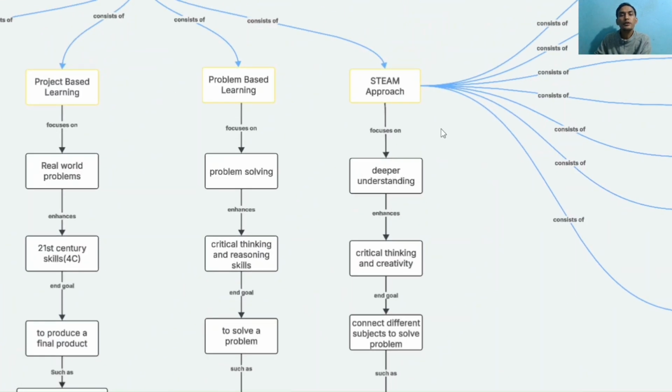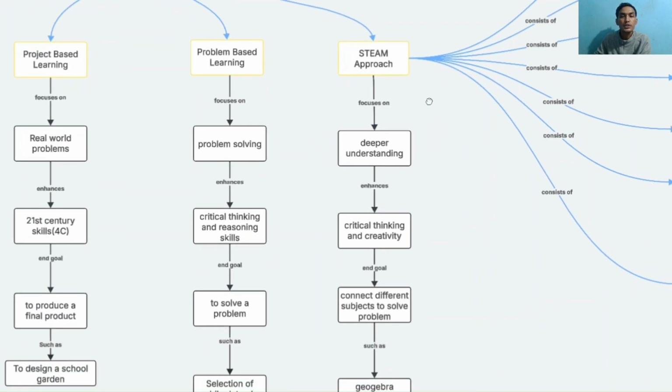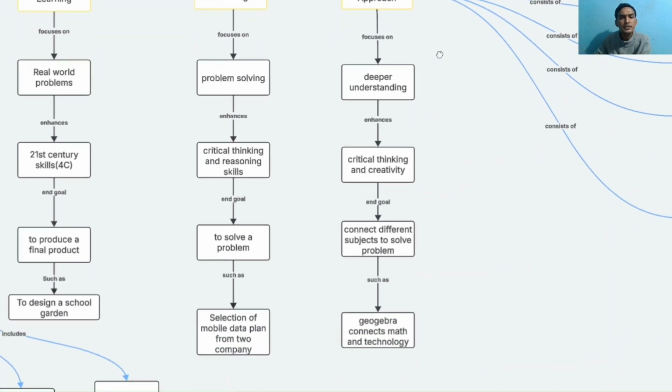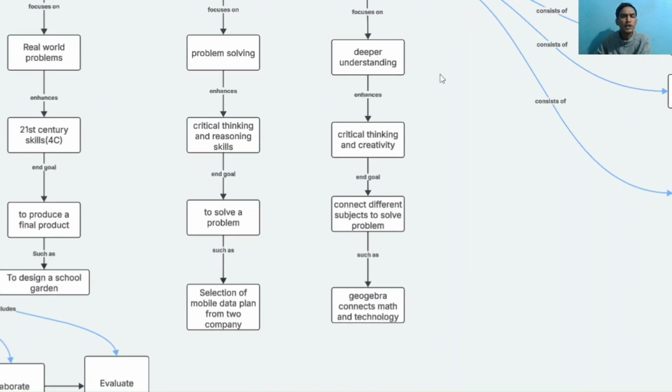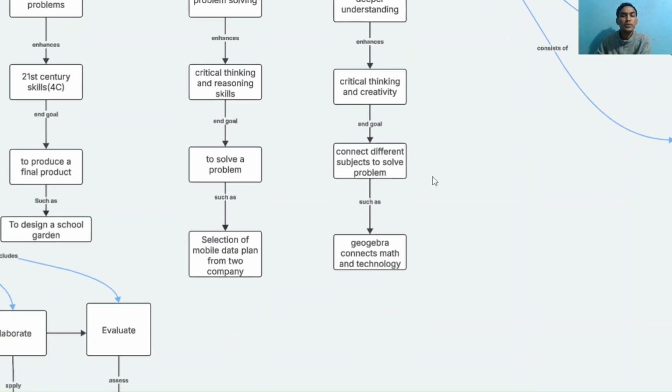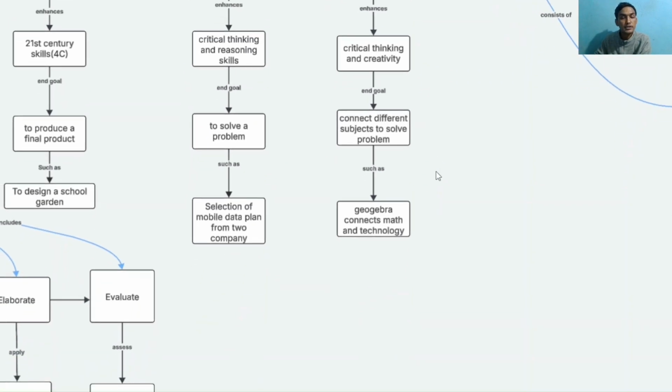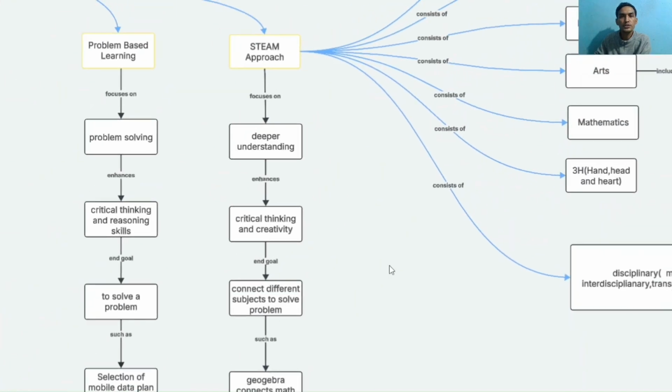And the final one is the STEAM approach, which focuses on deeper understanding. It enhances critical thinking and creativity. The end goal is to connect different subjects or disciplines to solve a problem. The example is GeoGebra connecting math and technology.